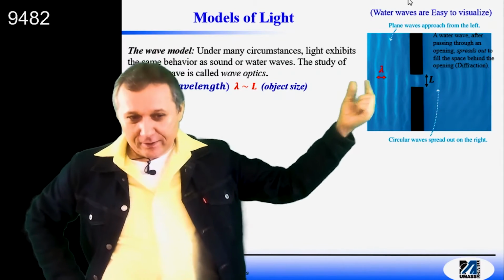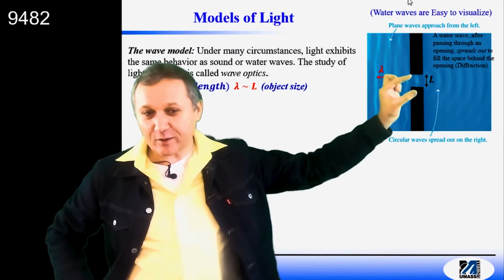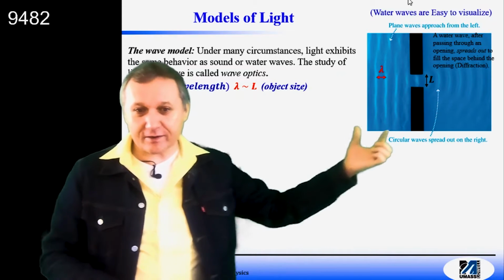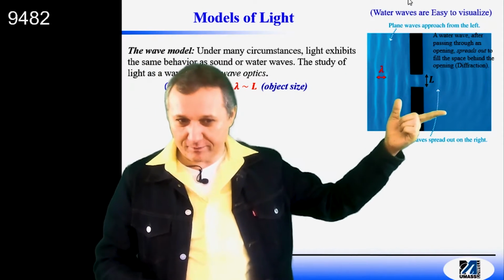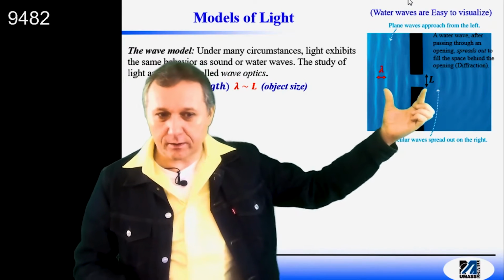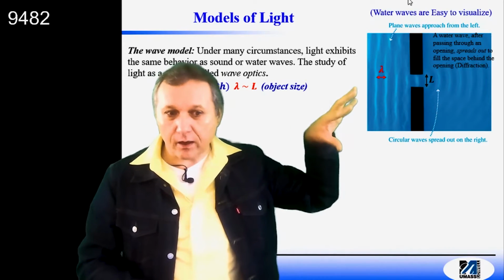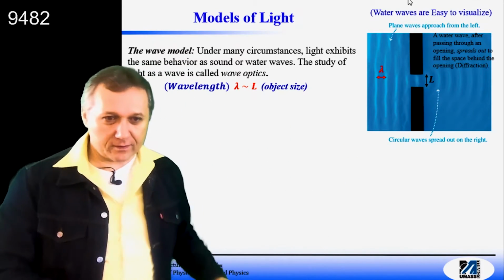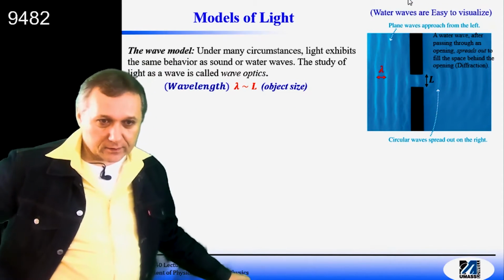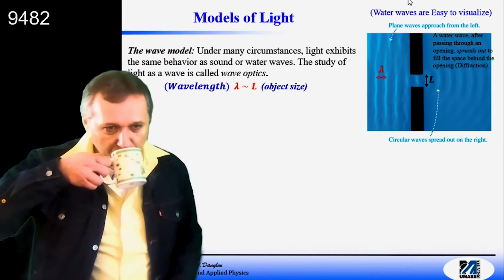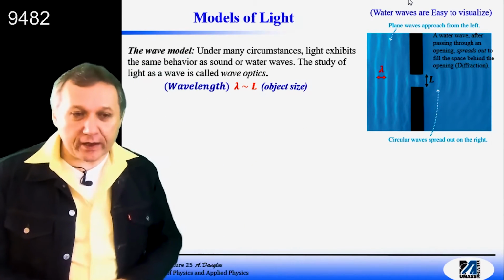You see the wavelength and the size of the opening are basically comparable. As a result, after the opening it creates basically circular waves. It's a diffraction effect, and in order to describe it, of course, you have to treat this as waves, right? And the same happens with light. Okay, so that is wave optics.